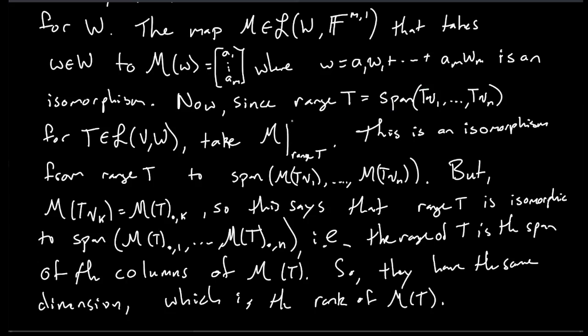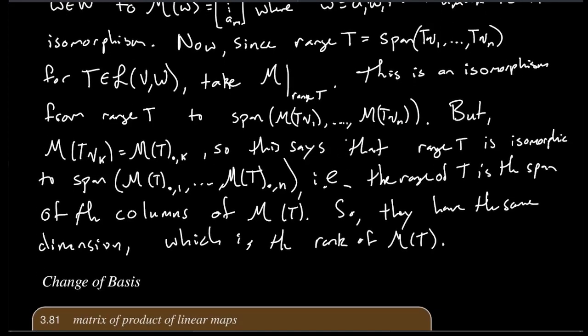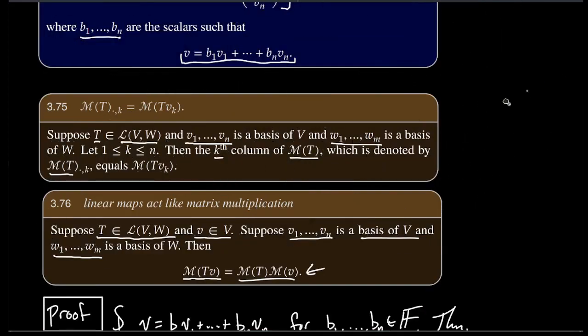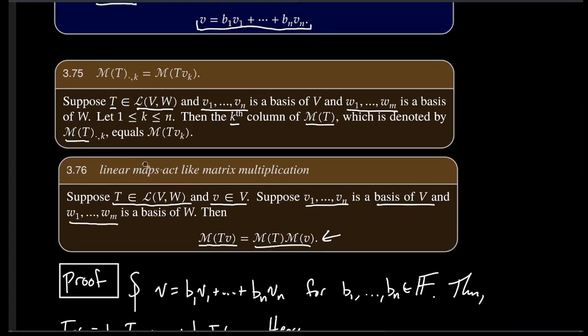So we can take this M and restrict it to the range of T, which is a subspace of W. All right, so this says that range T is isomorphic to the span of the matrix of Tv1 through Tvn. But each of these guys, as we just showed a minute ago, over here, the matrix of T's kth column is equal to the matrix of the vector Tvk.